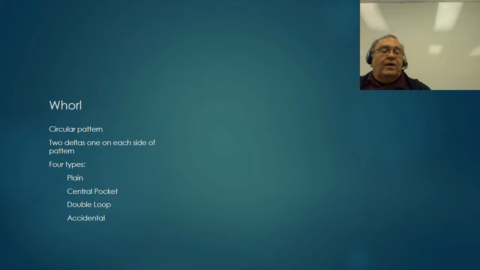The next pattern we have is the whorl, named so because it has a sort of circular or whirlpool pattern in the center of the finger. There's 4 types: the plain whorl, the central pocket loop whorl, the double loop whorl, and the accidental whorl.